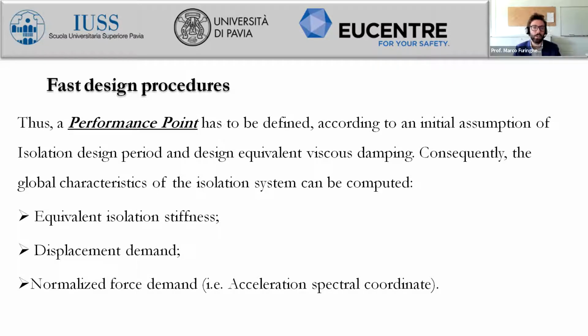According to these two typologies, we have different values for the damping ratios: from 5 to 10 percent for low damping, and between 10 and 15, maybe 20 percent for some innovative rubber compounds, for high damping rubber bearings.